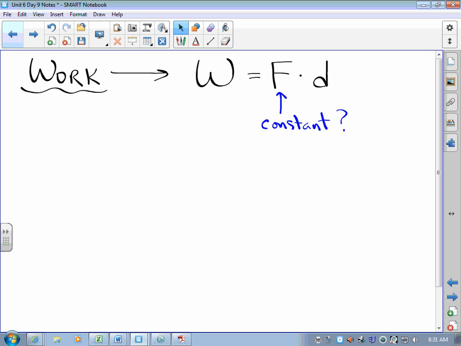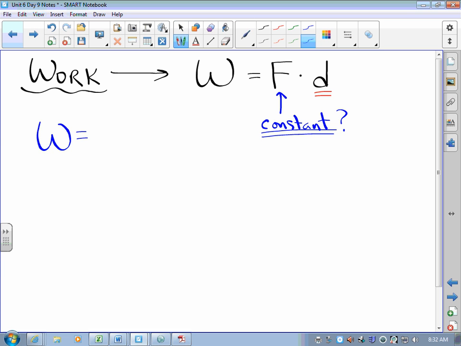So what we do is we say, well, let's break up our distance into tiny little changes in x, and then we assume on each little subinterval the force is a constant. And so you add up a whole bunch of works on a whole bunch of teeny tiny subintervals, so that if the force is variable, we integrate the force function dx.